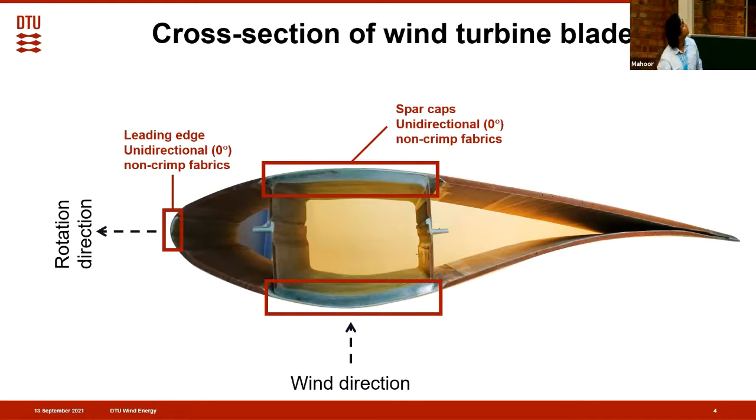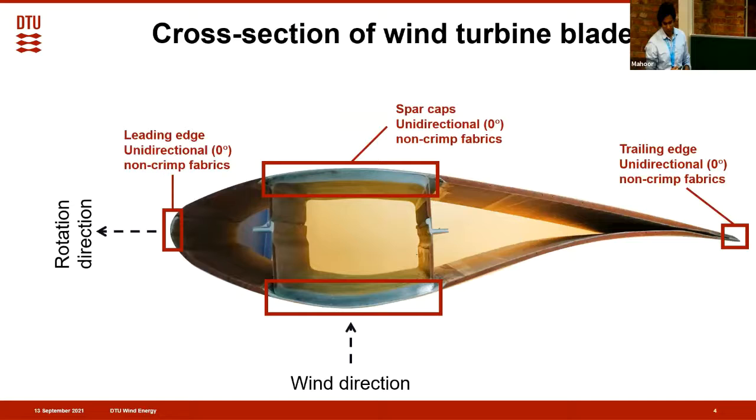There are the leading edge, tail, and trailing edge. I'm just showing you the unidirectional part, which is the major load-bearing part of a wind turbine blade, and which is the point of discussion of today's talk: only the unidirectional composites.